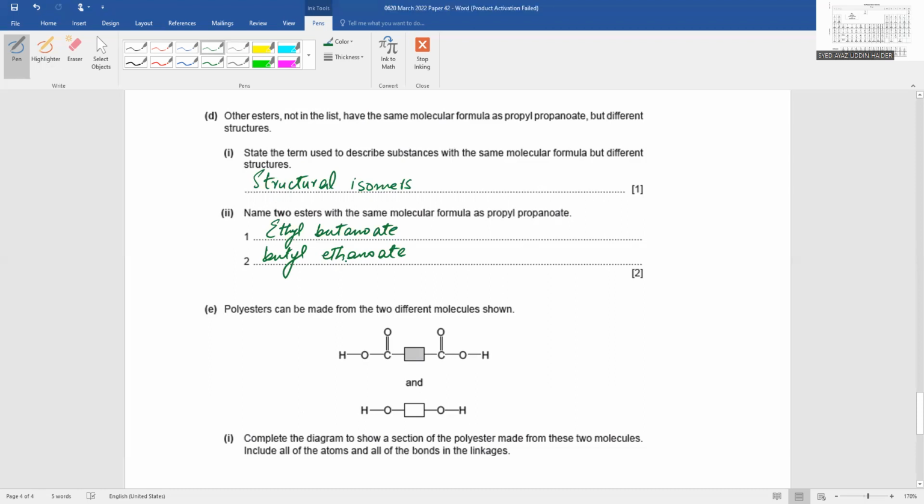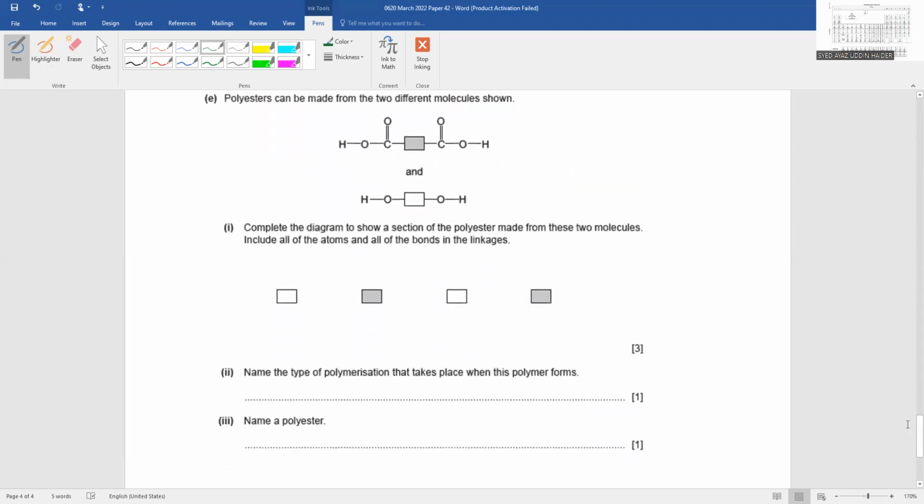Polyesters can be made from the 2 different molecules shown. Complete the diagram to show a section of the polyester made from these 2 molecules. Include all of the atoms and all of the bonds in the linkages. So if you look at the shaded one, it's carrying COOH. So what you will do, you will write COO here. On the other side, you also show COO.